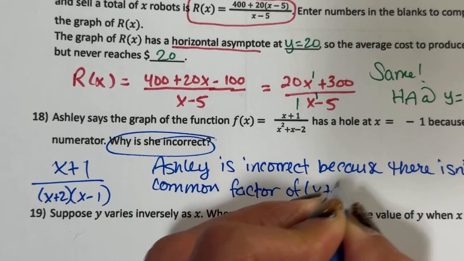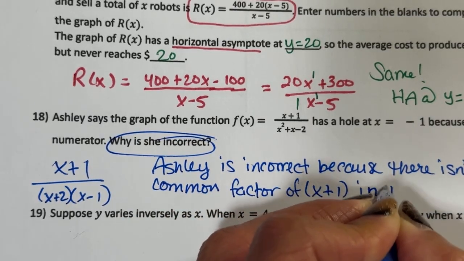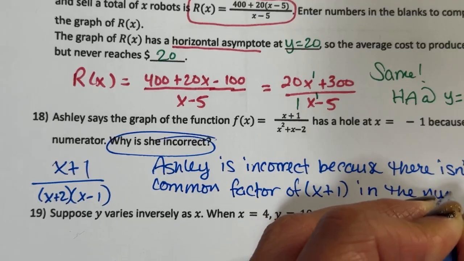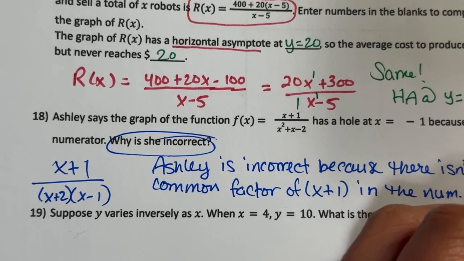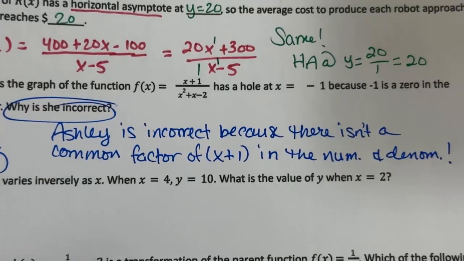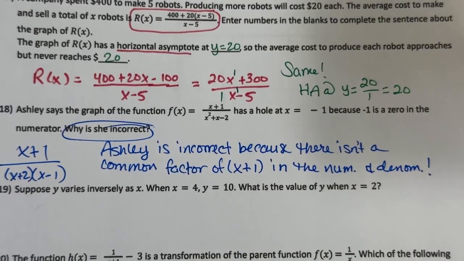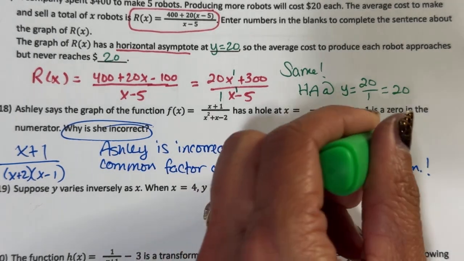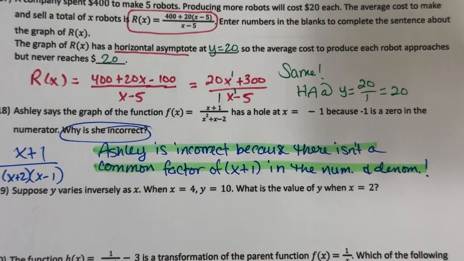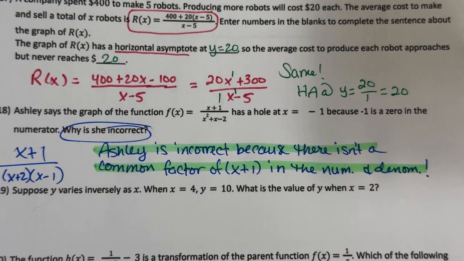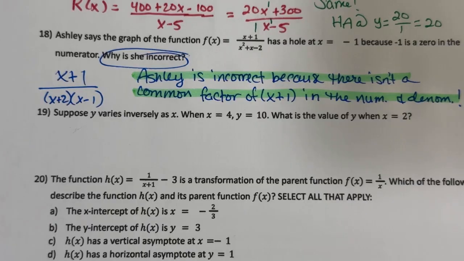There isn't a common factor of x plus 1 in the numerator and denominator. We have to have a common factor top and bottom in order for a hole to cancel out. That's what makes a hole. Okay, so that statement right here, this is the answer. So sometimes our answers are write-ups. Sometimes it's an FRQ.